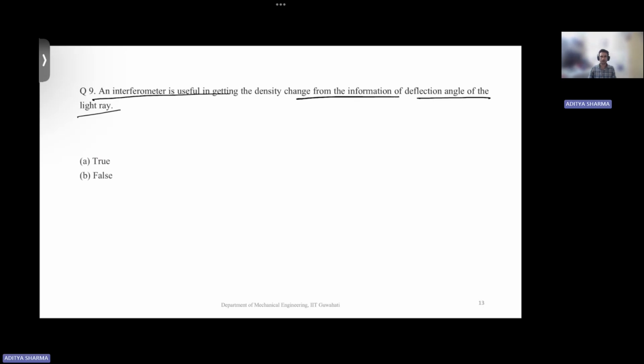So whether this is, in the last question only I have told that deflection angle change is used in your Schlieren. But in interferometer, what do we use? We use this dt.